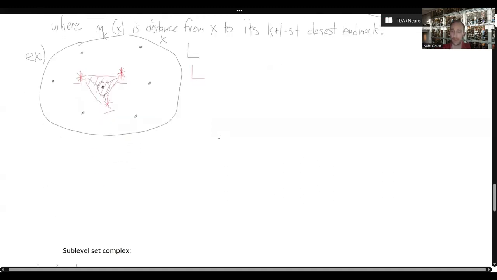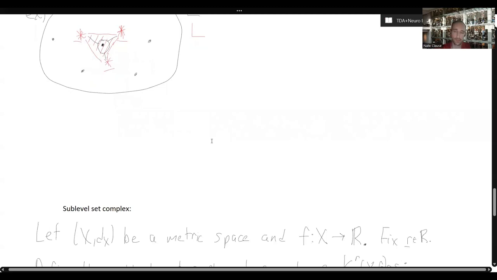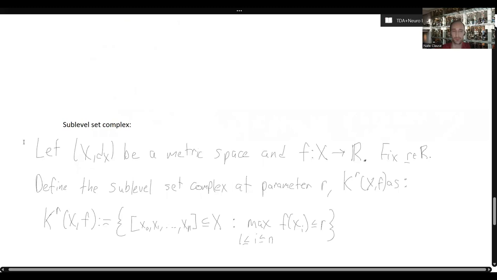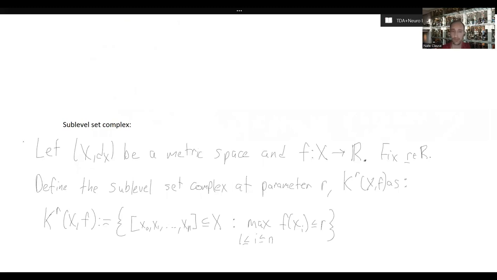So one of the other most common types of complexes, which is used in practice, is what's called a sublevel set complex. So let's just start with the definition. Let X be a metric space and f some function from the points of the metric space to the reals.